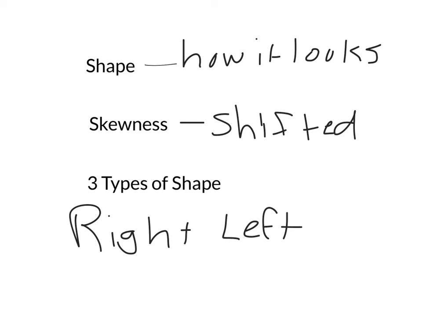We called that symmetrical. So those are the 3 types we're going to look at today. Just to review, skewness is how we define shape of a dot plot and box plot. We can have a shape of skewed left, skewed right, or symmetrical, meaning it's evenly distributed on both sides.